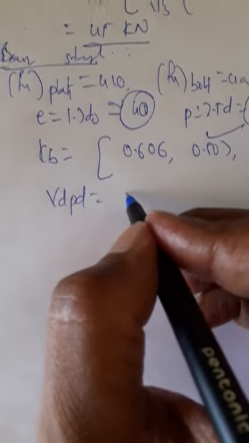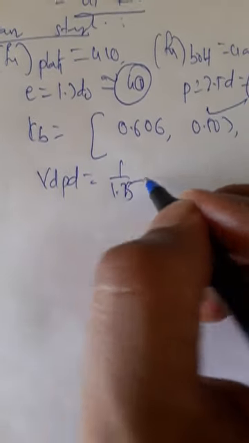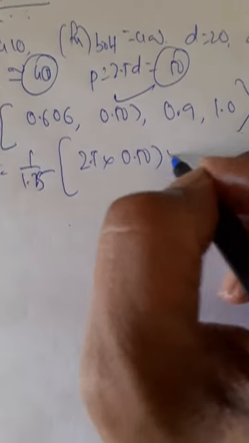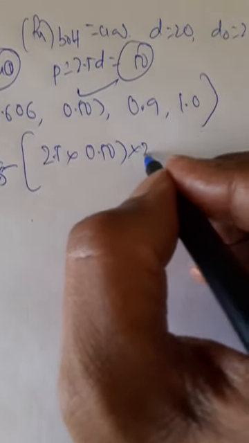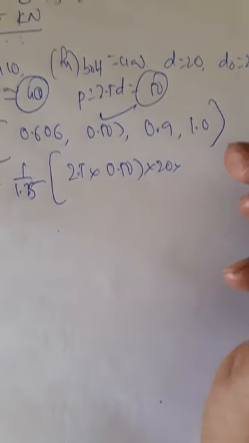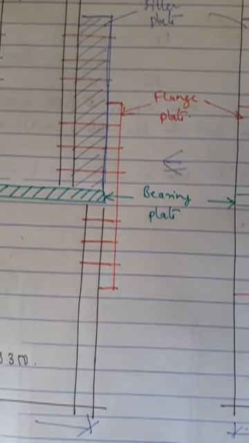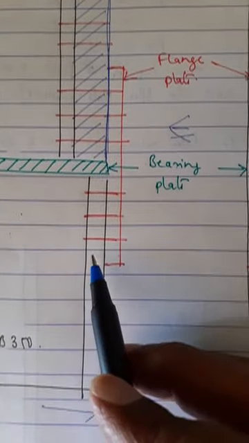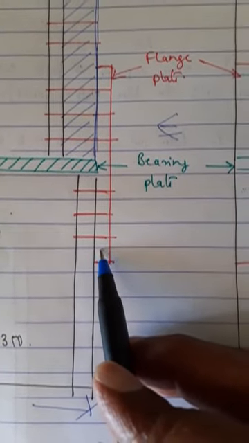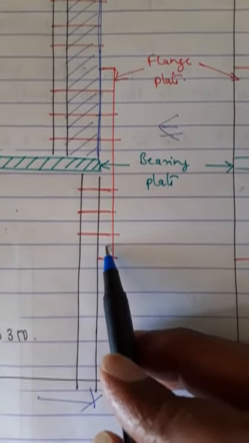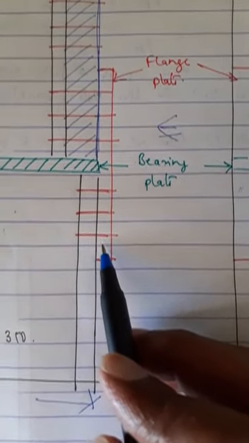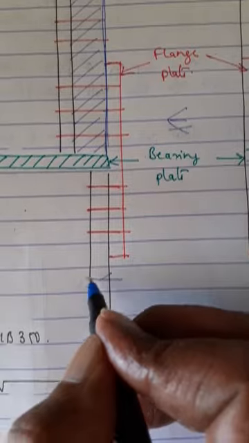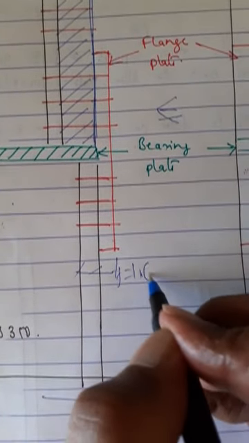Now bearing strength VDPD is equal to 1 upon 1.25 into KB 2.5 into KB 0.507 into D, diameter of bolt 20, into T, thickness. Now how to take the thickness? Remember that thickness is the thickness of the thinnest plate. Here this flange of this bottom section is bearing with this base, this flange plate. So I am going to find out the strength here. Its thickness is 11.6, this is nothing but TF, 11.6.